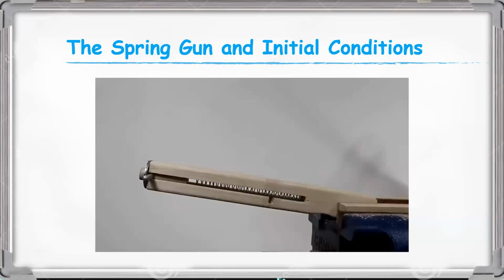here we consider another example, that is the spring gun. Here we discuss the spring gun and the initial conditions. This is the picture of a spring gun.